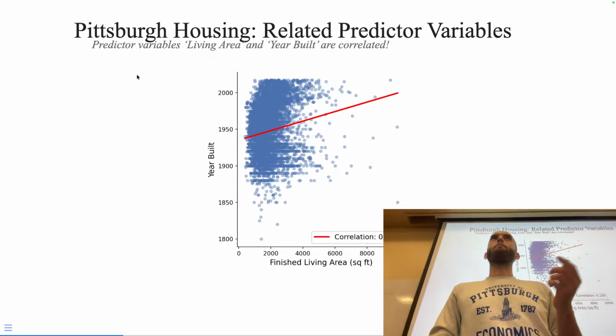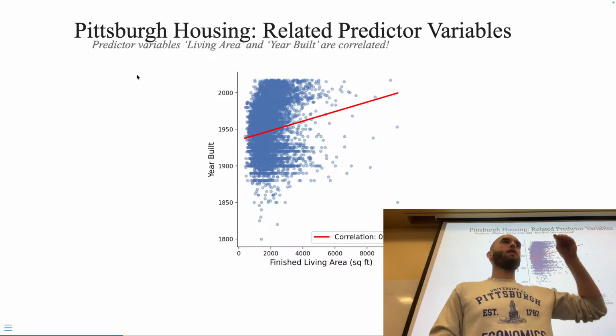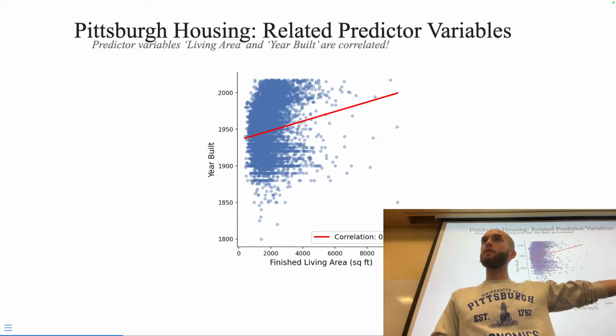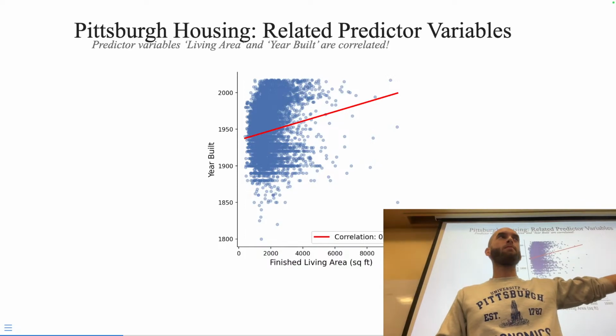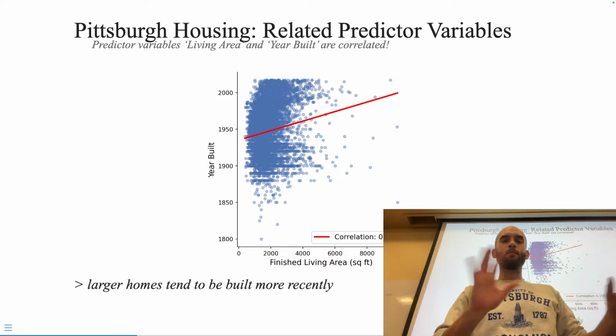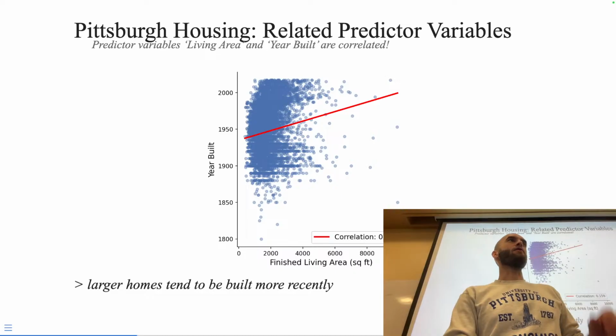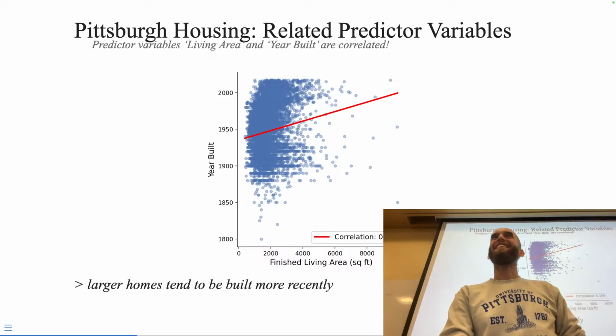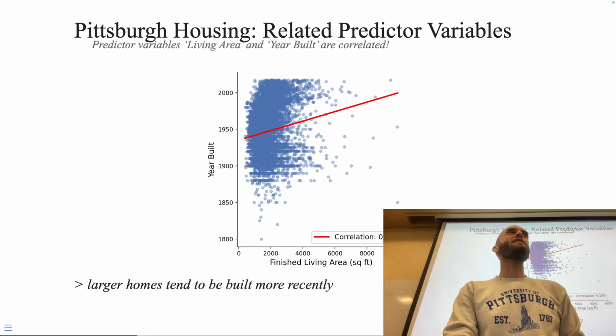If I want to know the additional value of a square foot, is it because it's a newer house? Or is it because the house is larger? Am I saying that houses are more valuable simply because they're fresher, newer? Or is it because the house is actually bigger?